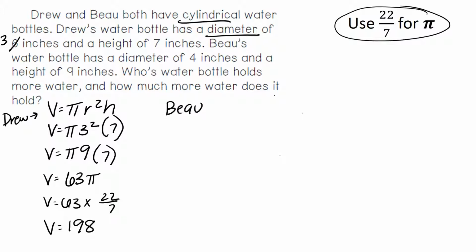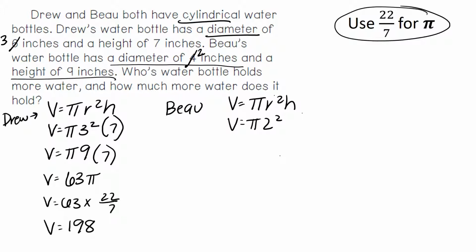Now for Bo's water bottle, it's still a cylinder as well, so we use the same equation, pi r squared h. It has a diameter of 4 inches. We don't want a diameter, we want the radius. So we're going to do half of that, we're going to do 2 inches. And the height is 9 inches. 2 squared is going to give us 4. 4 times 9 is going to give us 36.